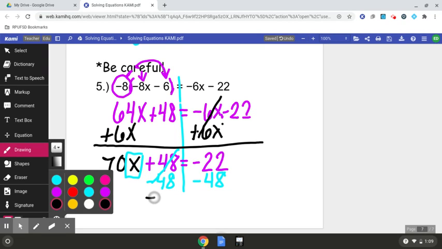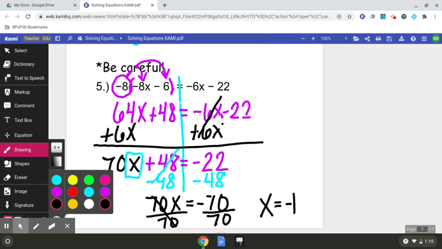My 70x comes down, equals drops down, and this is like combining, or adding, I should say, because they're both negative. So negative 22 plus a negative 48 would be a negative 70. And then we're going to divide by 70 on both sides to get x alone. So x is equal to negative 1.